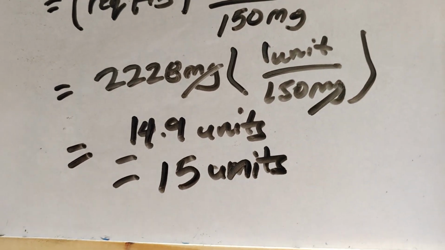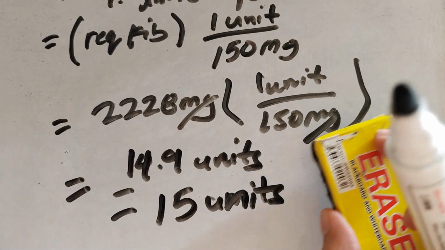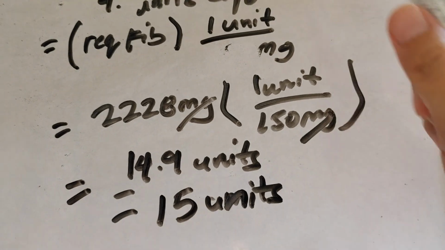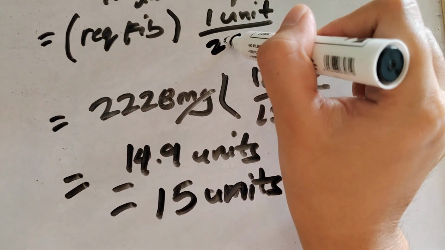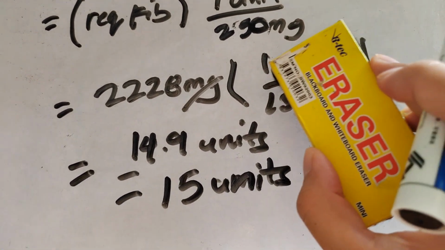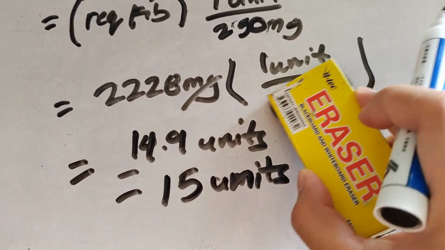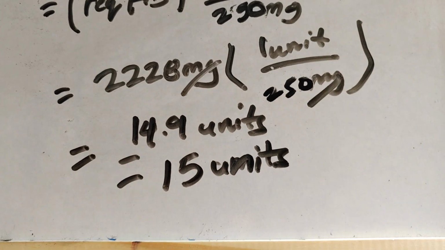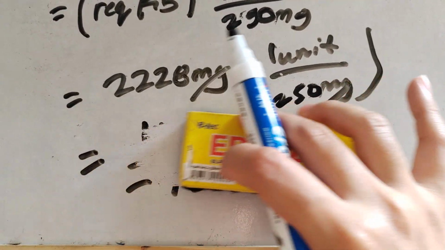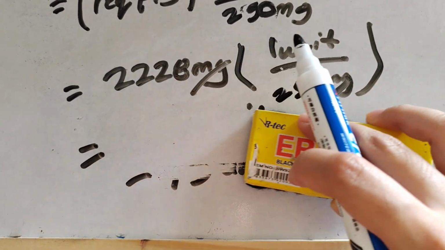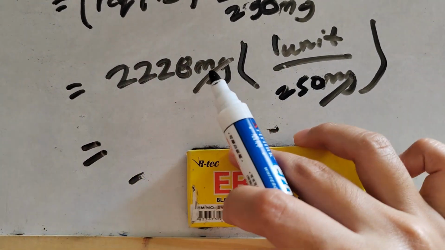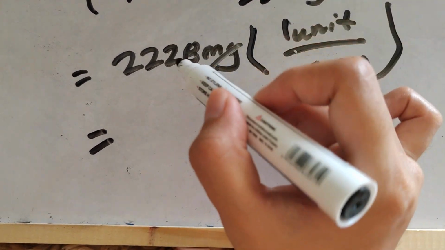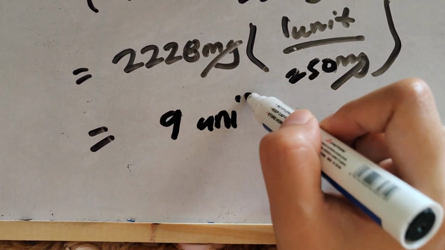Provided na ang inyong unit ay has 150 mg of fibrinogen. Okay? If we're gonna use the 250, kunyari, for example, yung ginamit mong unit, kunyari, has 250, or kung ano meron kayo ay 250, okay? So, mag-iiba ang ating computation, or ang mag-iiba ang ating sagot. Okay? If we are gonna use 250, so that's 2,228 divided by 250, will give you 9 units.